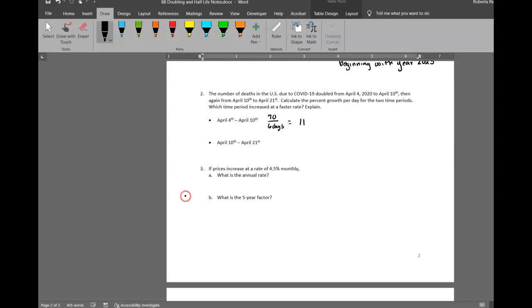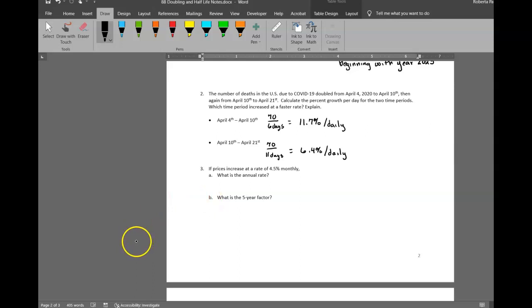And so that meant an 11.7% daily growth rate. And here our COVID cases doubled in 11 days, so 70 divided by 11 days, because that's the doubling time, was an increase of 6.4% daily. So that's another way we can look at using the rule of 70.